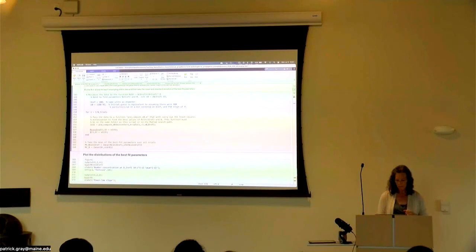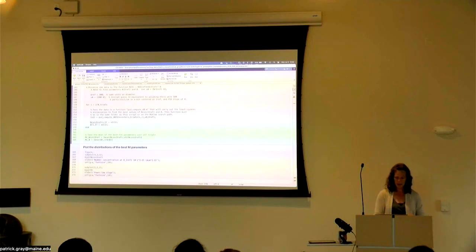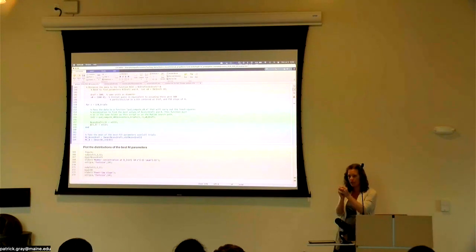Each time it's going to fit to a different realization of the data and spit out a different value for the number concentration at the reference diameter and the PSD slope. I save them in a vector, and at the end, I take the mean and the standard deviation of all of those 100 trial outputs. That gives us the mean of the number concentration at reference diameter and particle size distribution slope, and also an uncertainty.